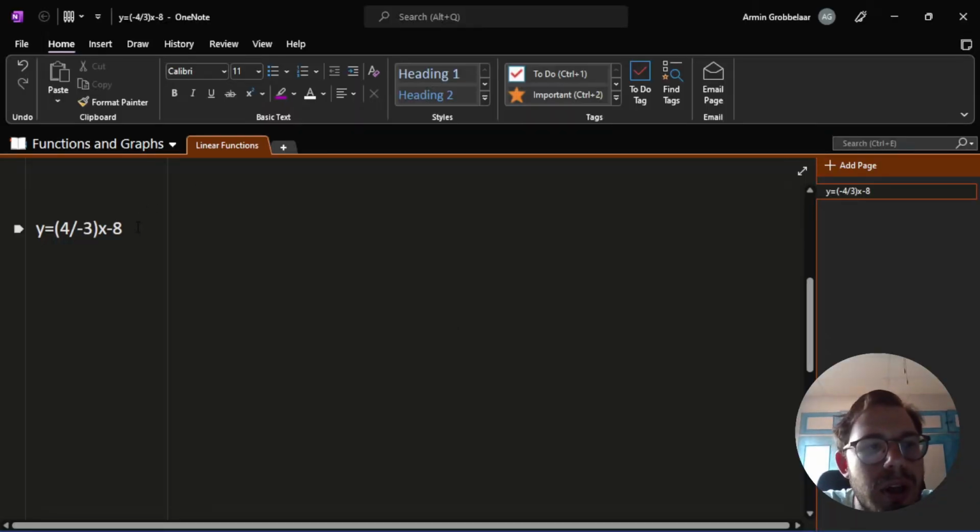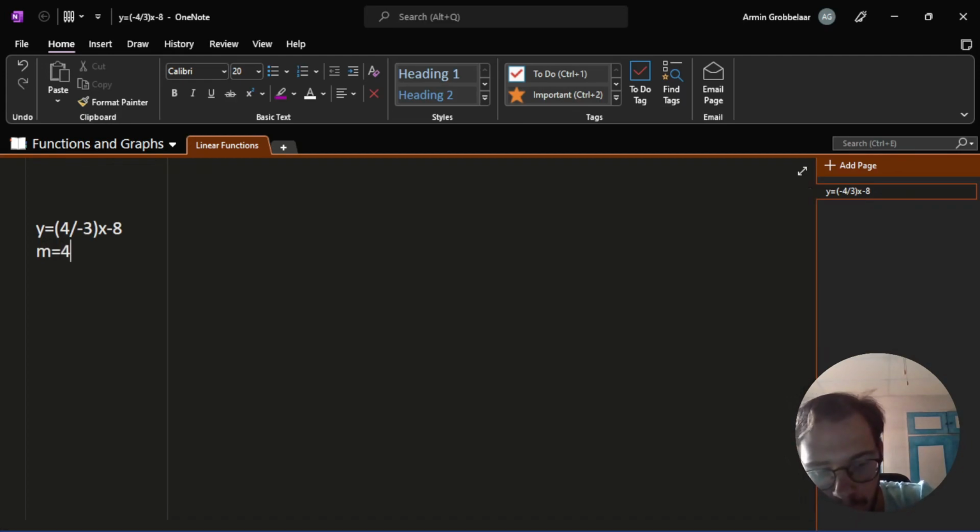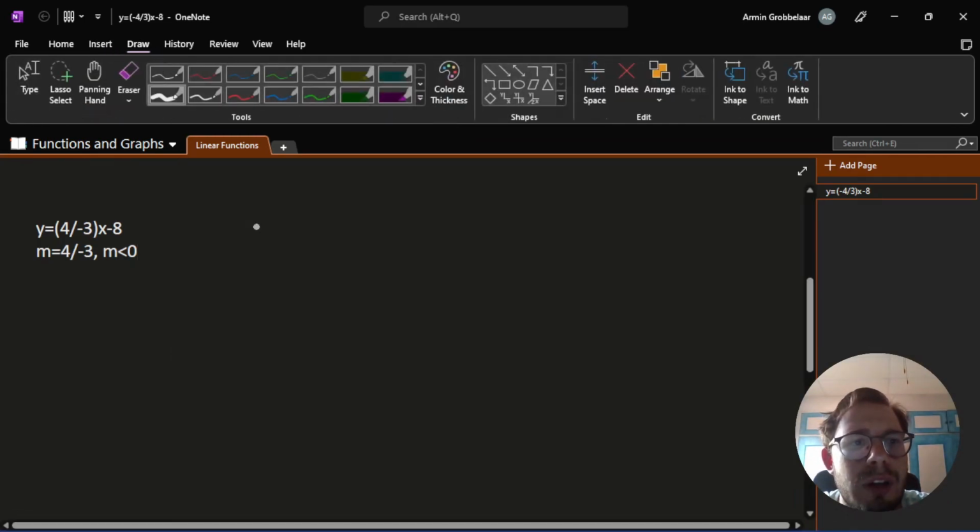So the first one is y is equal to 4 divided by minus 3x minus 8. So you can see here that m is equal to 4 divided by minus 3. So m is less than 0. So we know that the function will have a negative gradient.